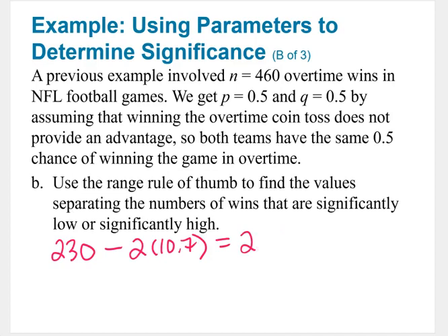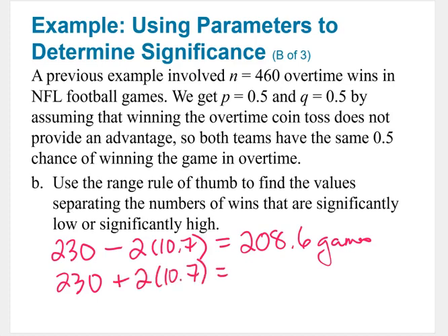Sometimes my writing gets sloppy on the computer screen. So if there were fewer than 208 games, then that would be considered significant. And on the high end, we're going to add 2 standard deviations, and that's going to be 251.4 games. All right, so anything above that would be significant.